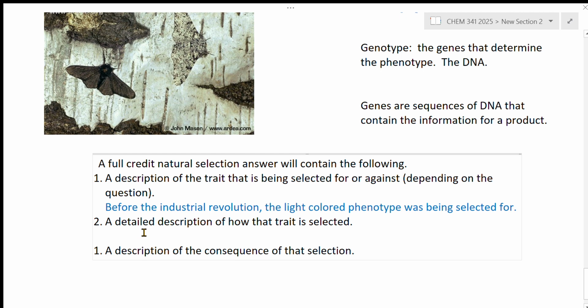The detailed description of how that's being selected here is that birds could see the dark colored, actually let's make it very specific to that phenotype: birds couldn't see the light colored moths on birch trees as well as the dark colored moths.